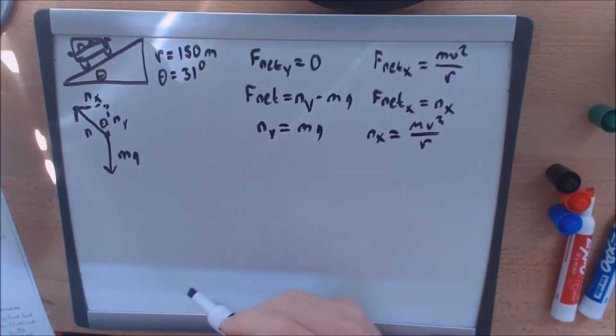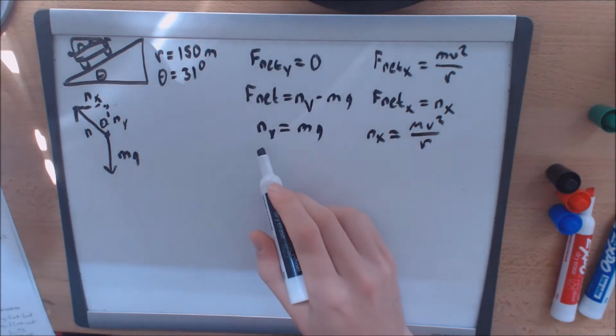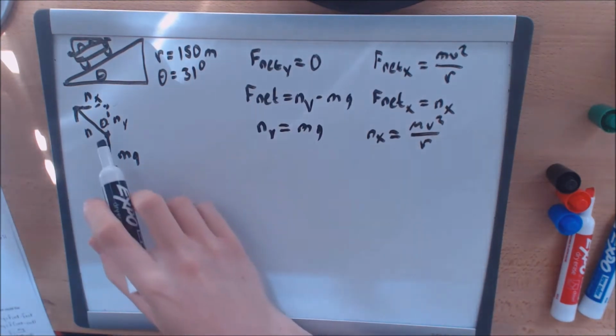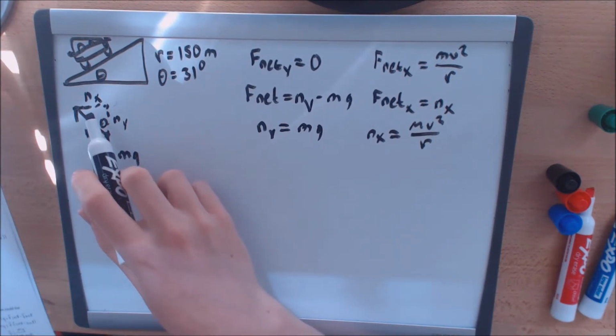Next step, we want to relate our ny and our nx, and we can use the tangent of our bank angle to do so, because tangent is opposite over adjacent.